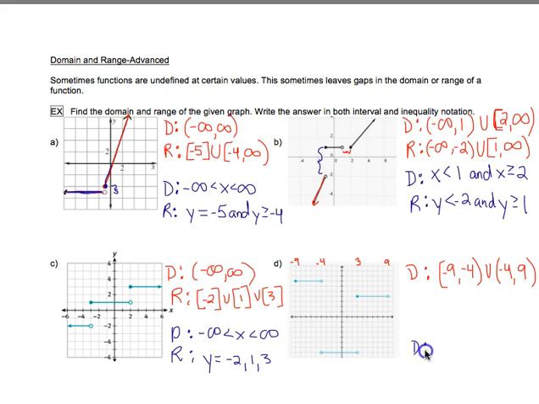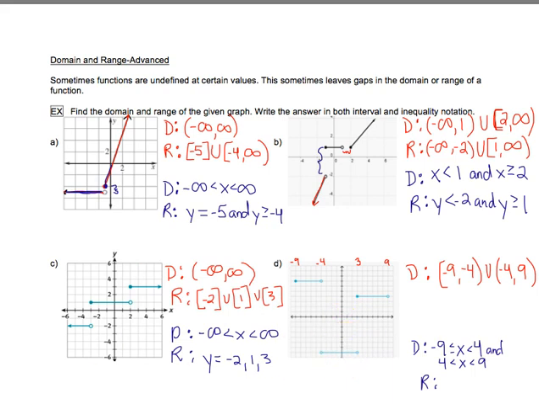In the other format, we would say that that means that x is between -9 and 4 and between 4 and 9.